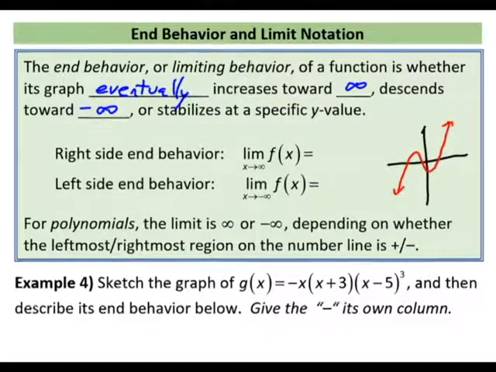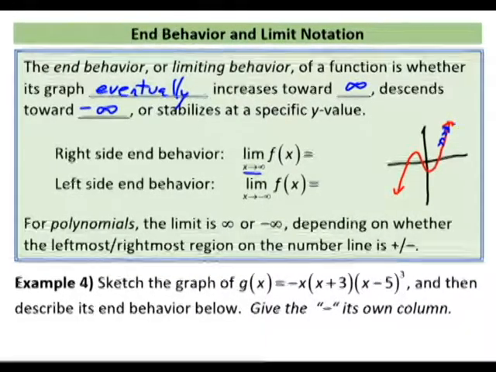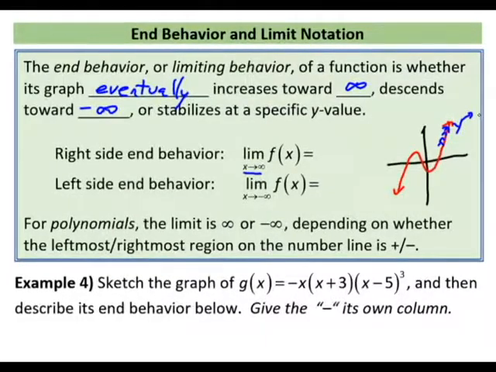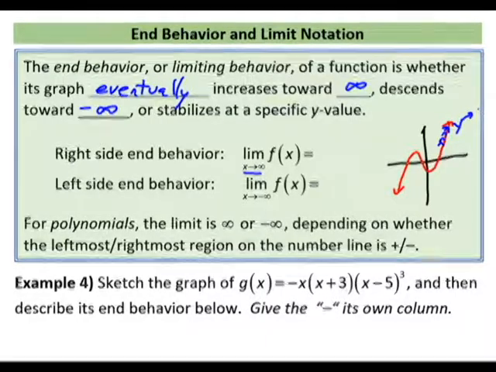The way we write this, to look at the right side, we look at what happens as x goes toward infinity. So we are looking at the function line as x goes to the right at the end. What's y doing? Well, y is increasing without bound, and so it's headed toward positive infinity.